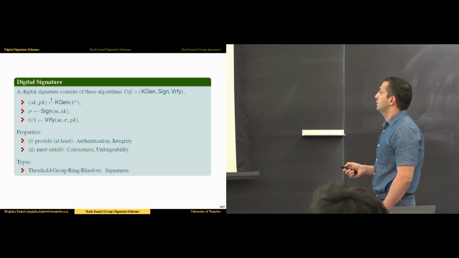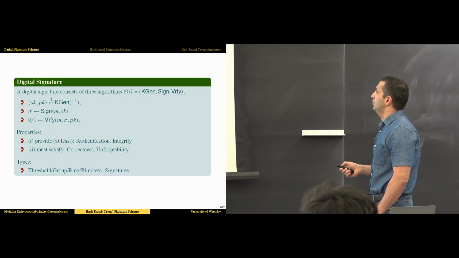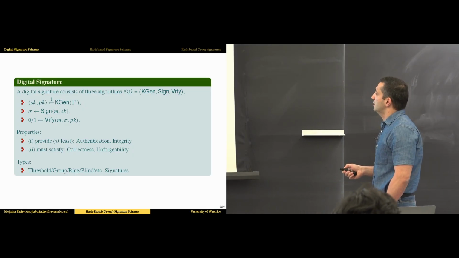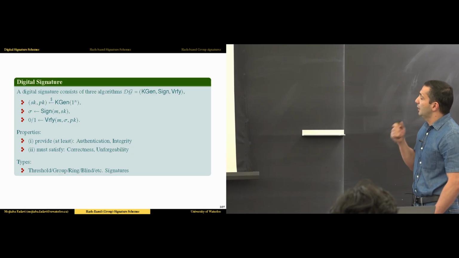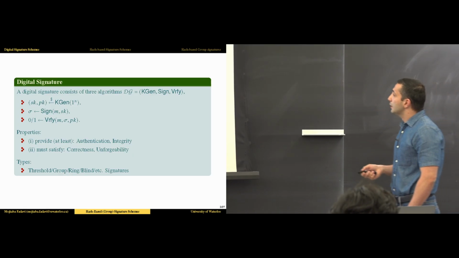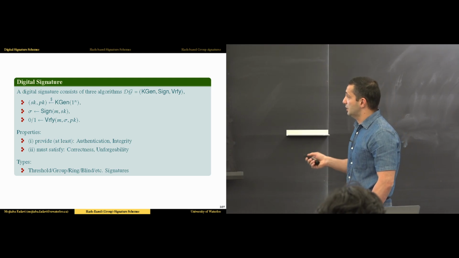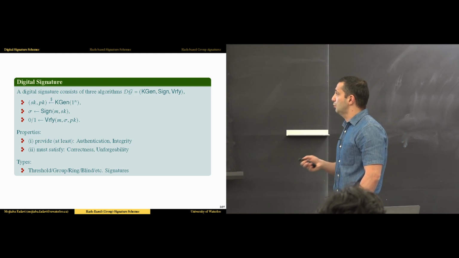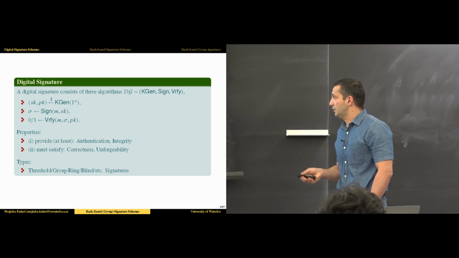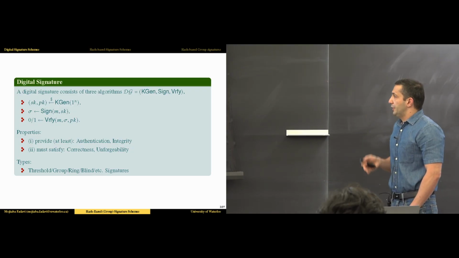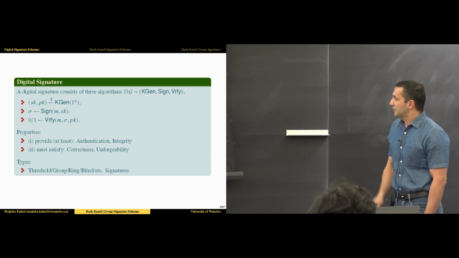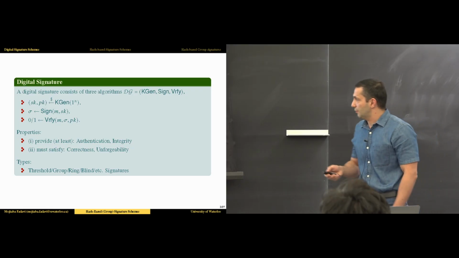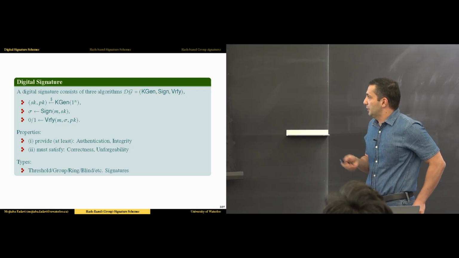Correctness means that a signature generated by the owner of the secret key will be verified. And unforgeability means that an adversary with bounded computational ability cannot forge a signature. There are many types of digital signatures: threshold signatures, group signatures, ring signatures, blind signatures. They are used in their own specific settings based on the requirements of, for example, companies.